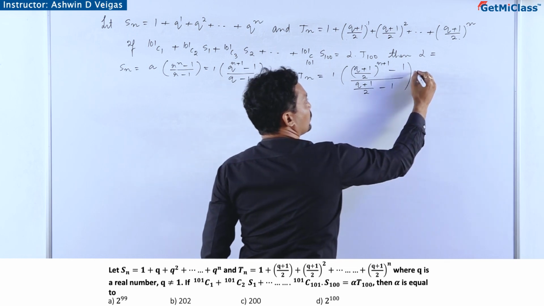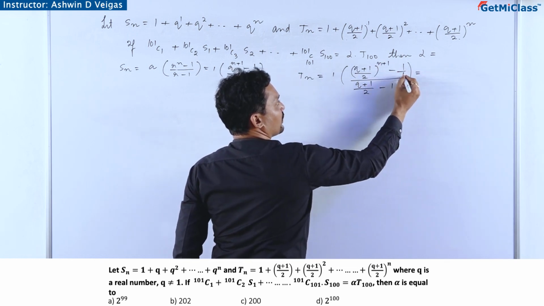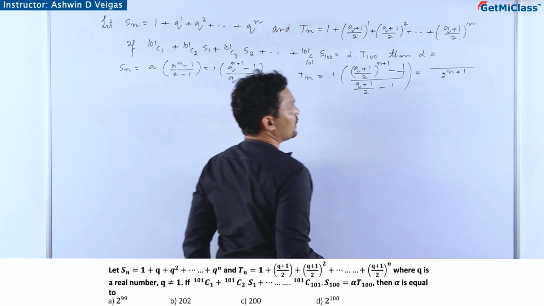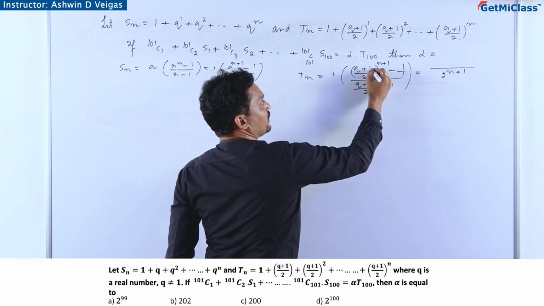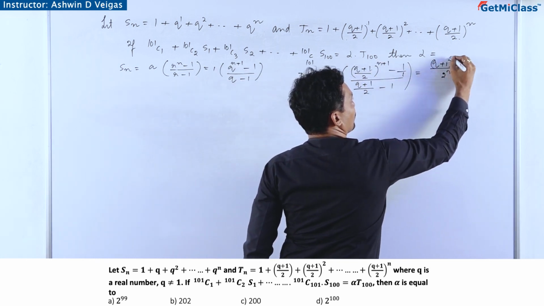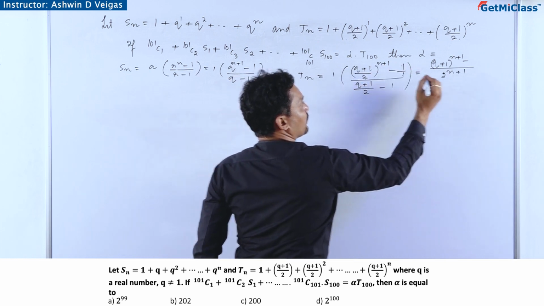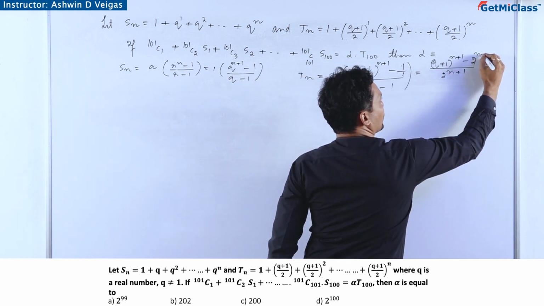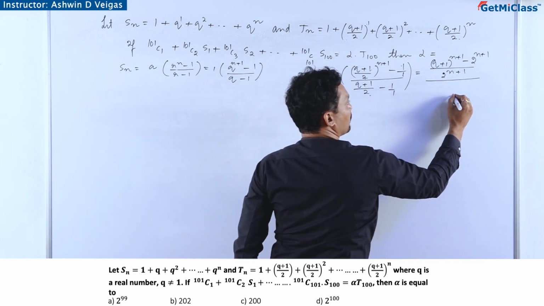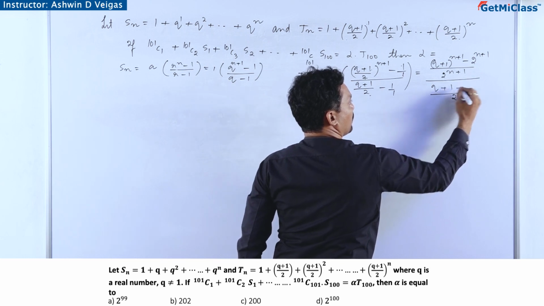Now if you try to simplify this taking LCM, 2 power n plus 1 and 1, so here the LCM is 2 power n plus 1. So this is 1 into (q plus 1) power n plus 1 minus 2 power n plus 1, when it gets multiplied it will become 2 power n plus 1, divided by, similarly here the LCM is 2, so this is q plus 1 minus 2.